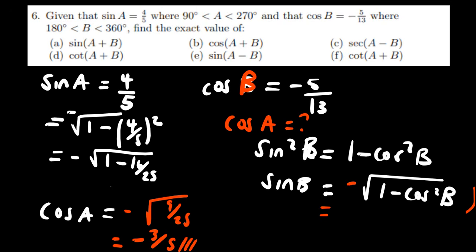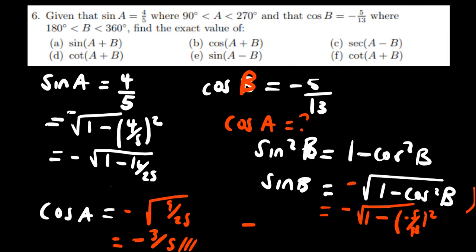Now what about its counterpart, cos B? On this other side, I'm going to do the same. We've been given cos B, it is negative 5 over 13, and this is squared, don't forget the square.